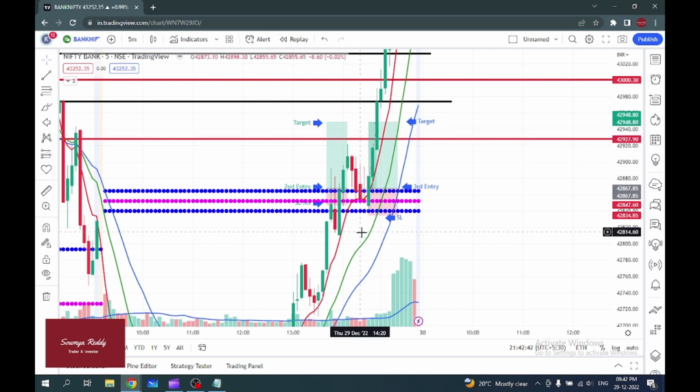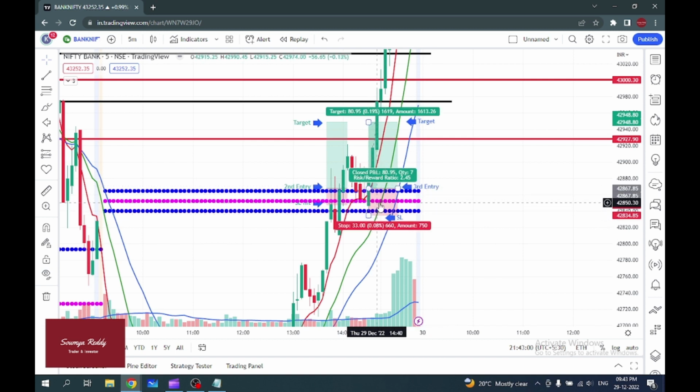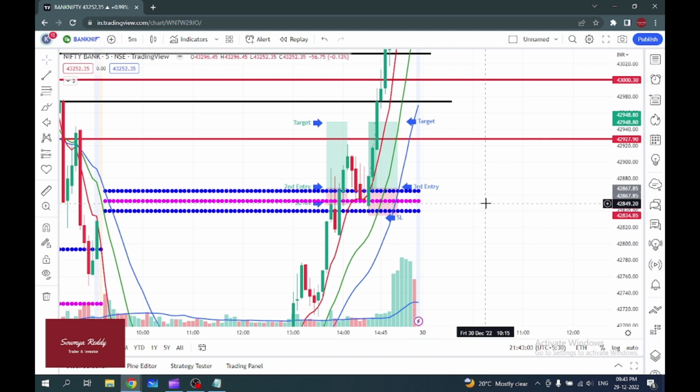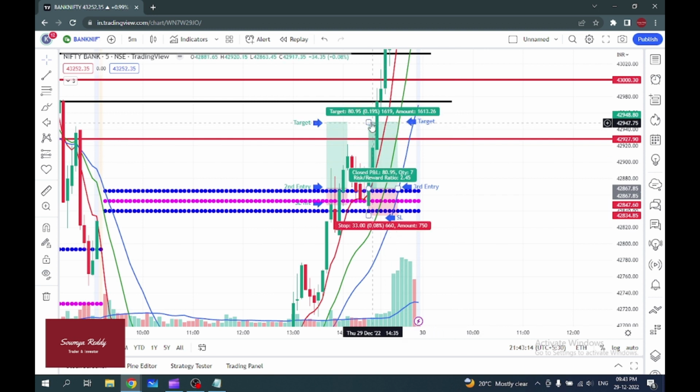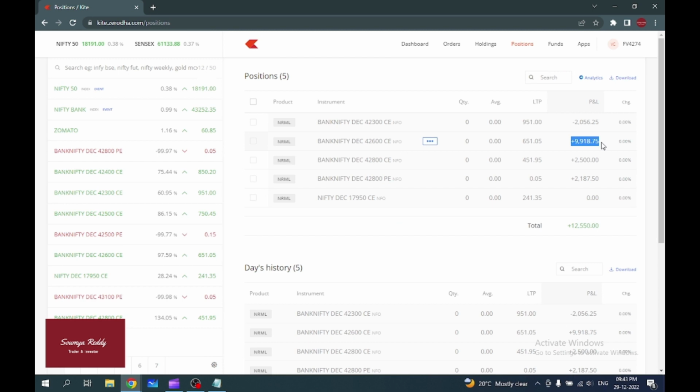When this blue bar came, it was a clear indication and I was waiting for the candle to close on this 2:30 candle, and I punched my order at this 2:35 candle at this place. I kept a little bigger stop loss this time so that the market does not take away my stop loss and I do not get stopped out of the trade. I kept a little higher target too, and my target hit within 2 candles. Within 10 minutes my trade was done and I was able to make this big profit for the day.